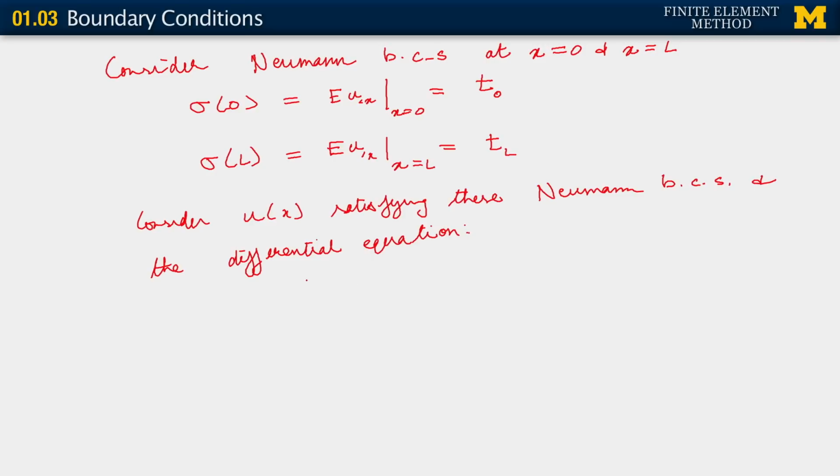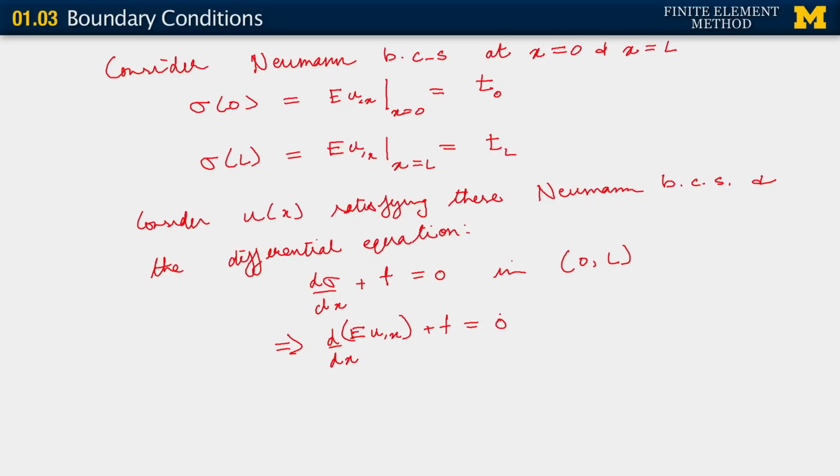And the differential equation, remember, is d sigma dx plus f equals 0, in 0 comma L. Now, if you had this sort of situation, making our substitution from the constitutive relation tells us that now d dx of E times u comma x, where I've simply substituted our constitutive relation for the stress, plus f equals 0.